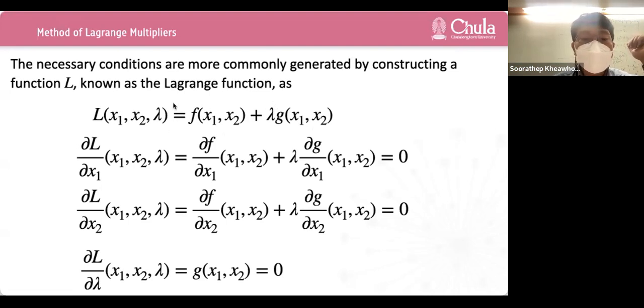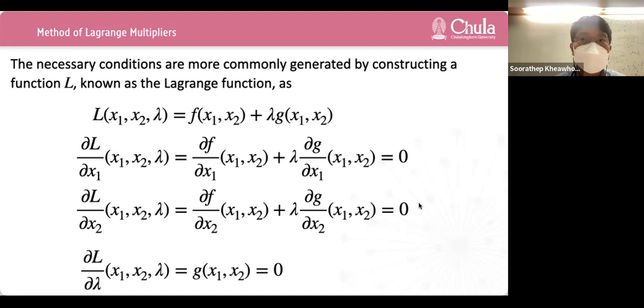Once we get the Lagrange function, we can follow the same necessary condition: the gradient of the Lagrange function with respect to the x1 direction must be 0, and of course in the x2 direction also must be 0.